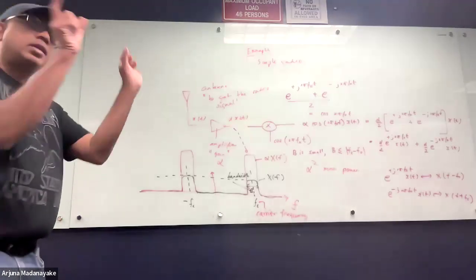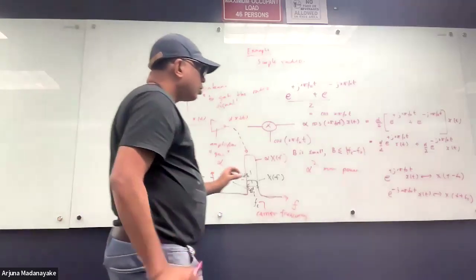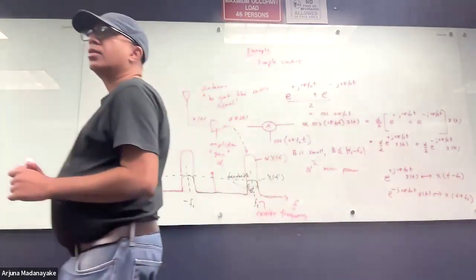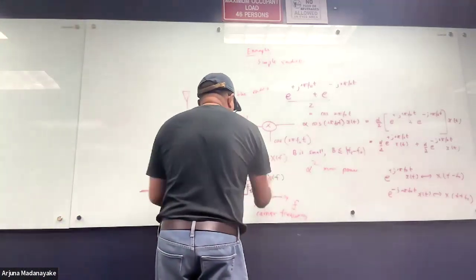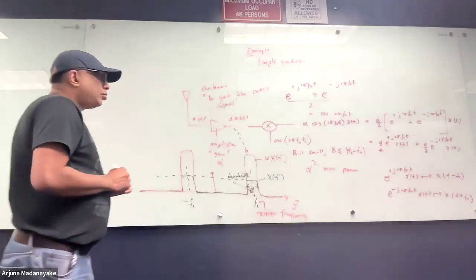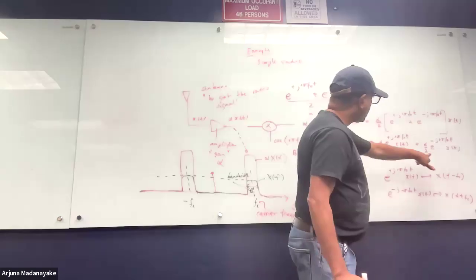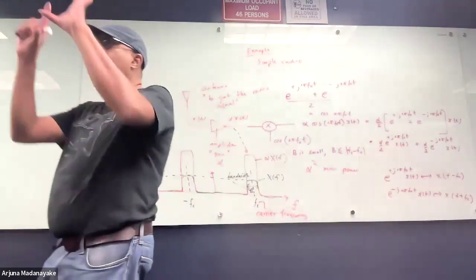So it basically shifts the spectrum by the value f naught. Your center frequency is going to be shifted by f naught. We have a positive shift from this part and a negative shift from the other part. So you're going to get two copies.